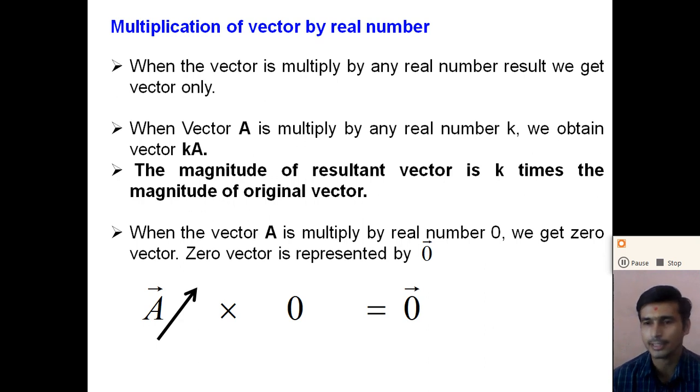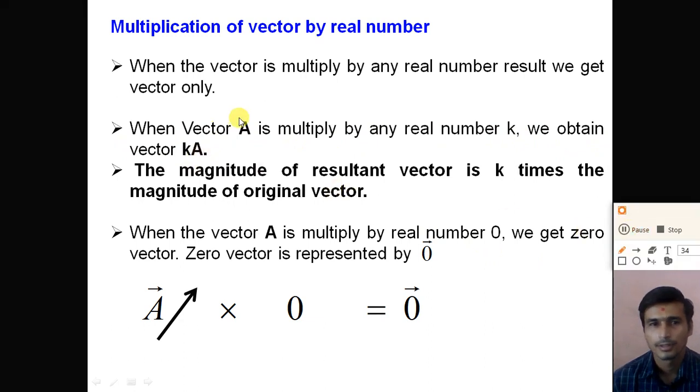For example, if the vector A, written like this, vector a, is multiplied by any real number k, we obtain a vector ka.